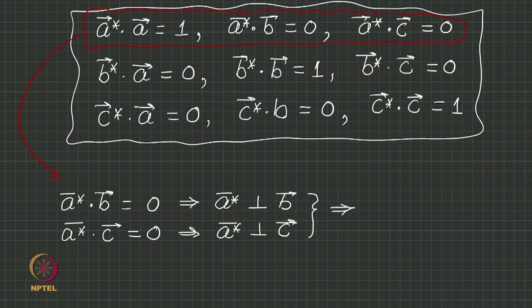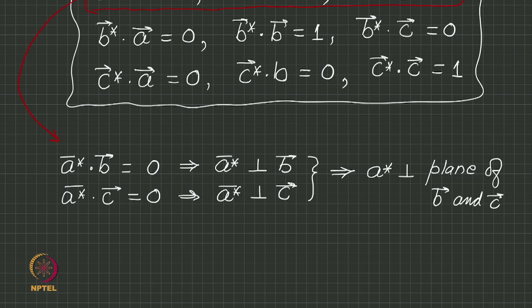It is a line which is perpendicular to both B and C. So, A star is perpendicular to the plane of B and C. From vector algebra you know what vector is perpendicular to the plane of two vectors: B cross C. B cross C is along the plane normal. So, A star is parallel to B cross C.